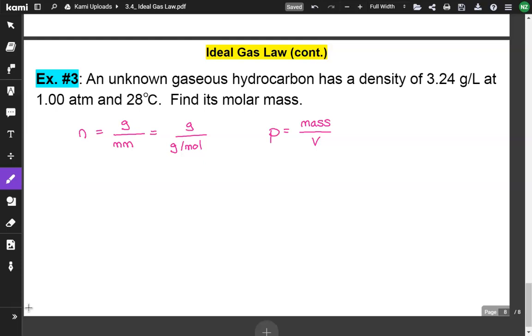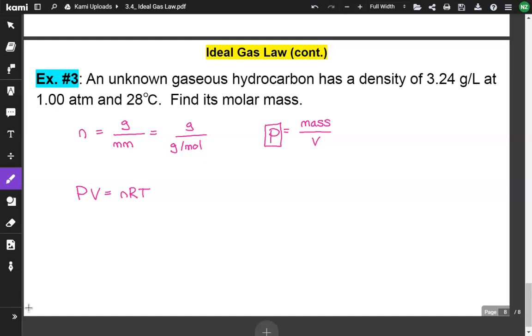Now, if we go back to our ideal gas equation, PV equals nRT, let's plug in some variables that we have. This one's going to be kind of a unit nightmare here. So we can substitute in for n. So this is rho.